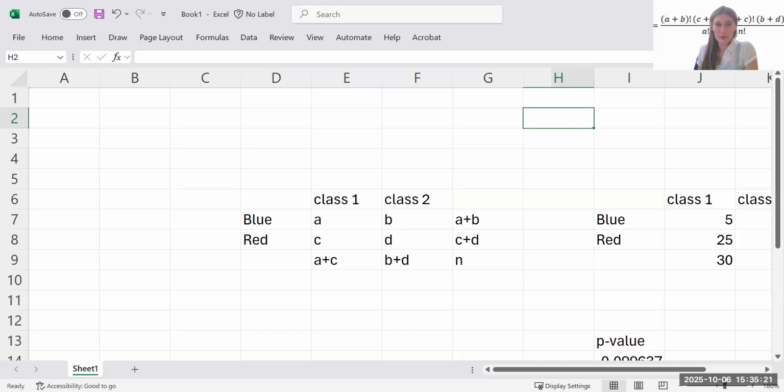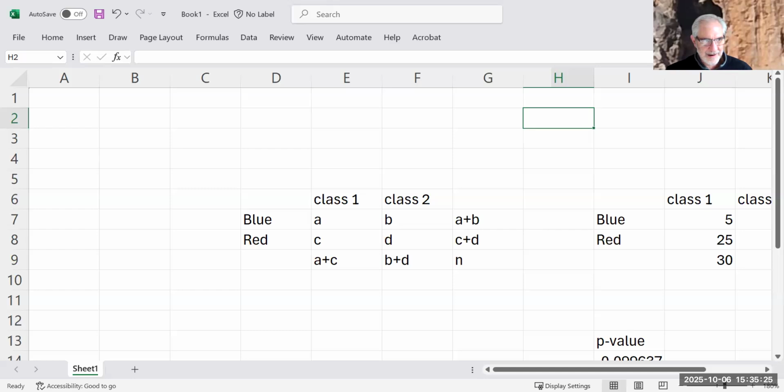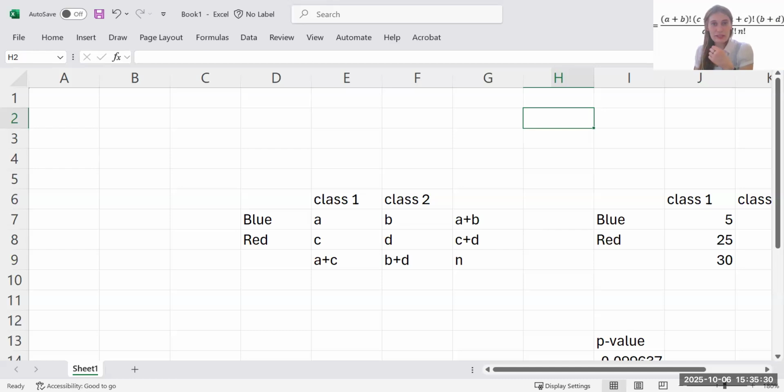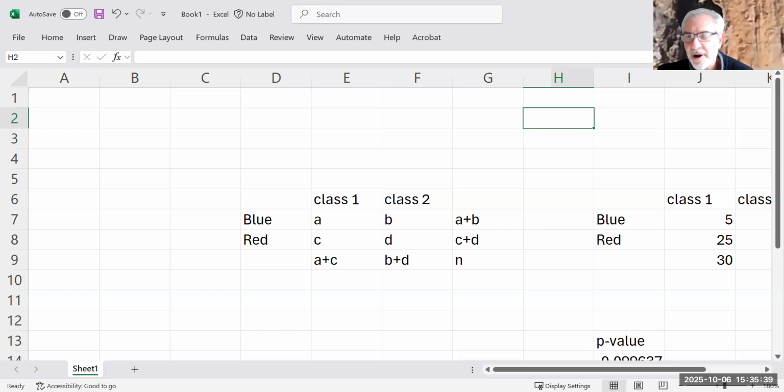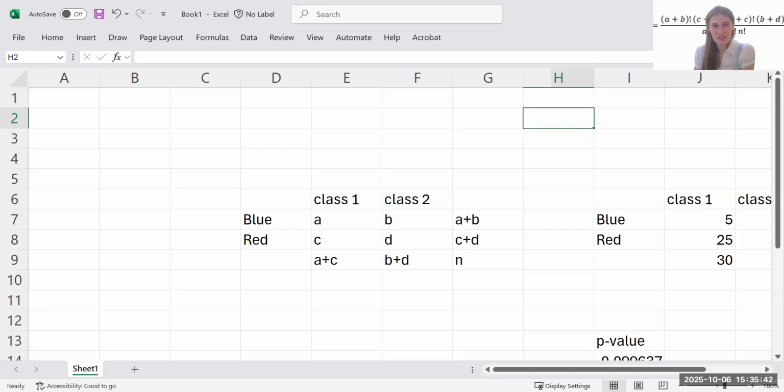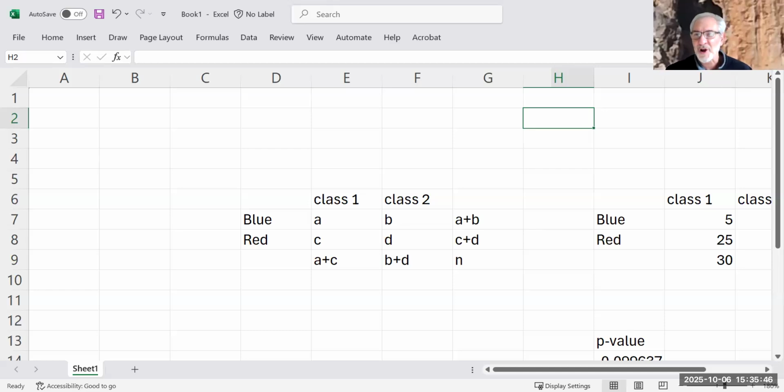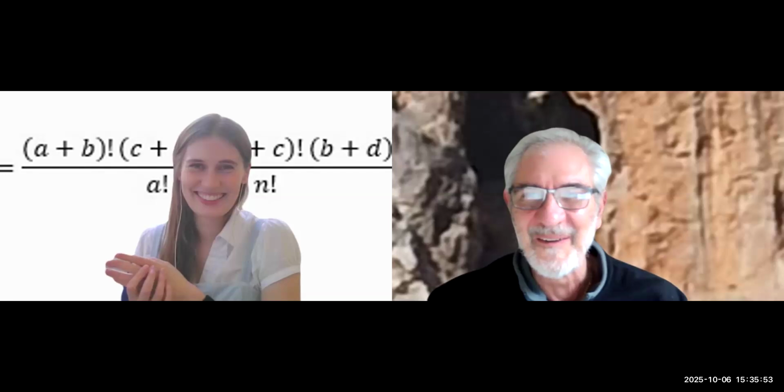We can, yes. Is this it right here? Is this me? We've got the Excel sheet open and I can see class 1, class 2 with red and blue. You caught me in a lie, didn't you? I said that I was opening a fresh one. Oh my Lord. Hold on.